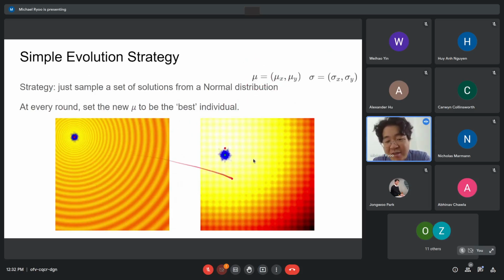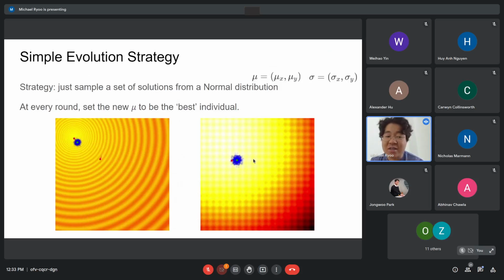If you look at these examples, the blue dots show a population. Each blue dot is an individual within the population. At every iteration, the green is the mean that generated all these individuals.